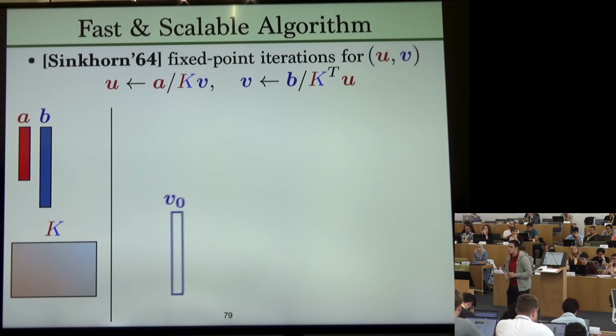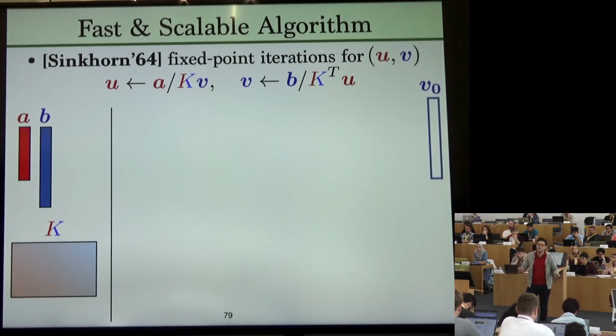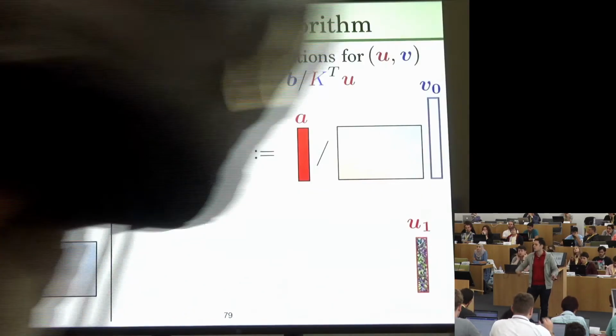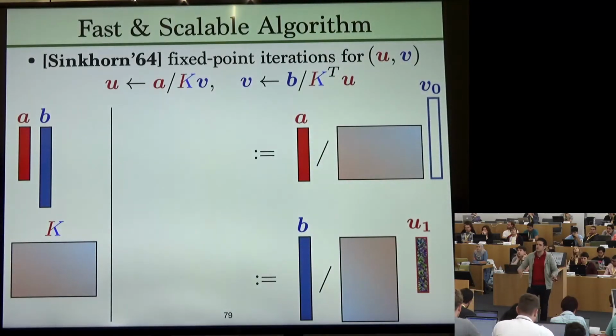And then it just loops through some very simple sequence of operations. You divide the vector of weights A by the matrix K times some initialization, you get something. Then you multiply that by K transpose and divide B by that and you get something, etc.